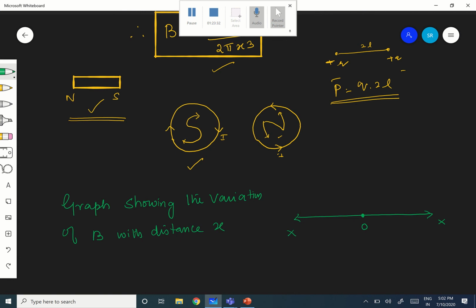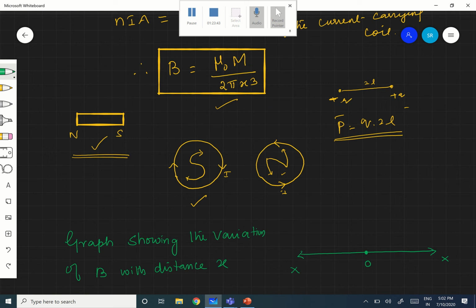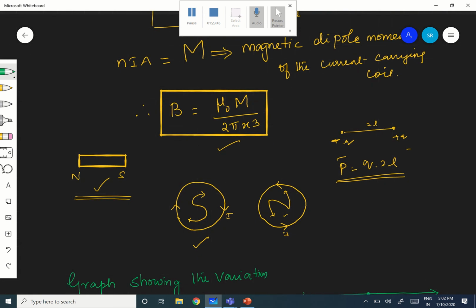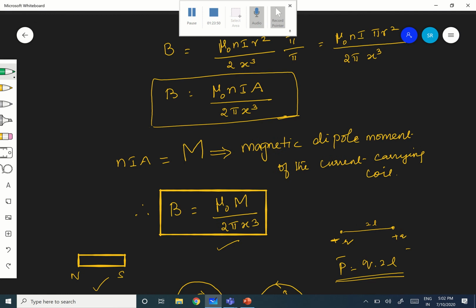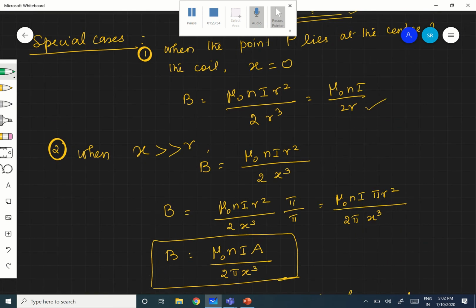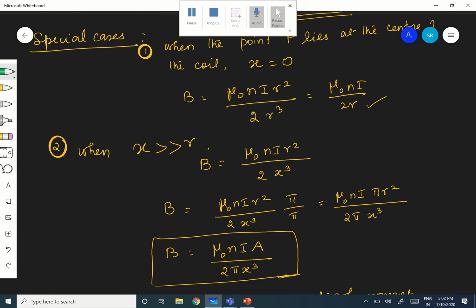Are you following? So what will happen? The point is to the right of the coil and the point is to the left of the coil. How does it vary? Where will the field be maximum? The field will be maximum only at the center. Why? Only at the center, it is a special case where the field is mu naught I by 2r, and the denominator is very small.